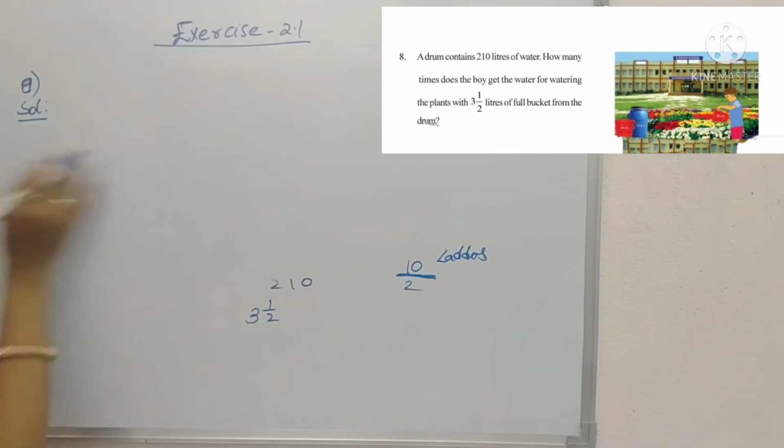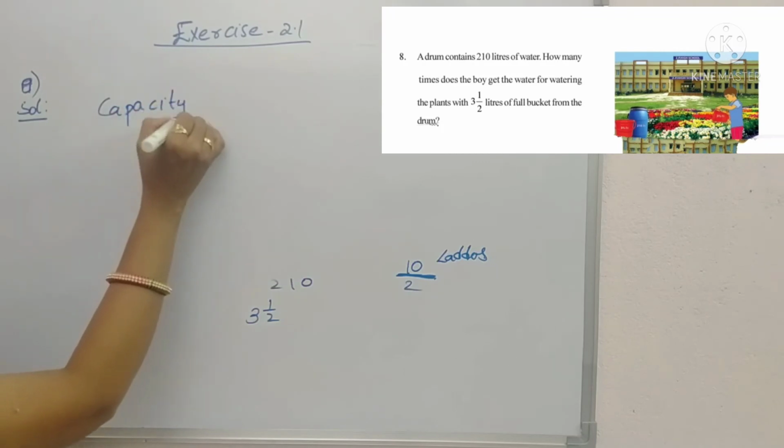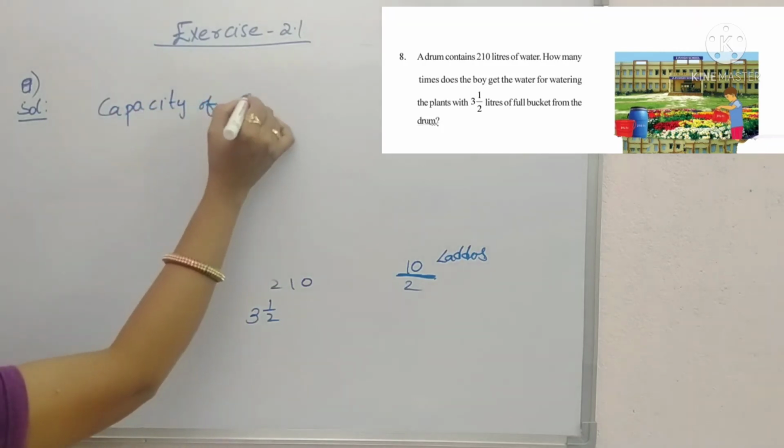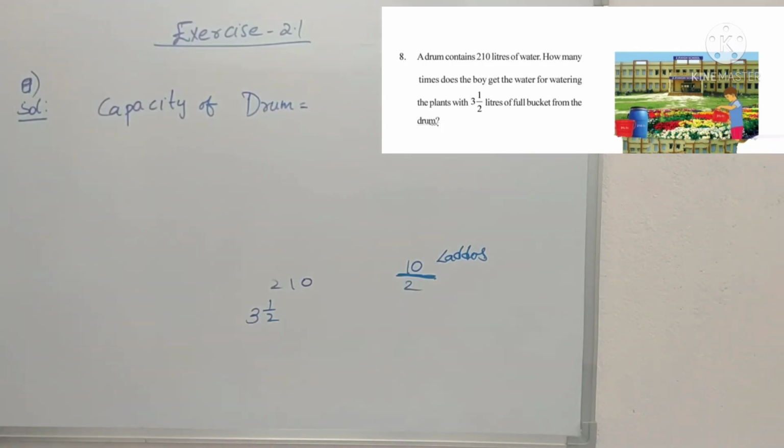Okay. So we'll write the steps. First, capacity of drum. That means how much it is holding. How much it is holding is 210 liters. Or quantity of water in the drum, also you can write.